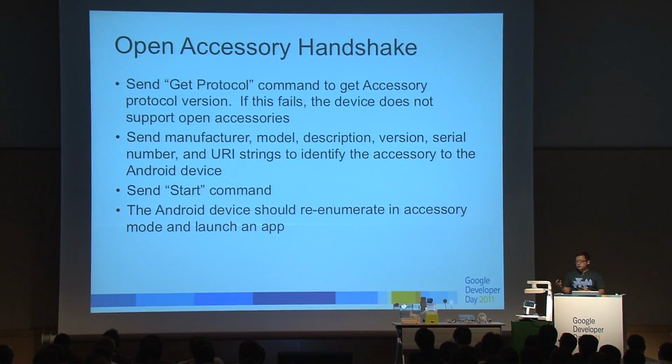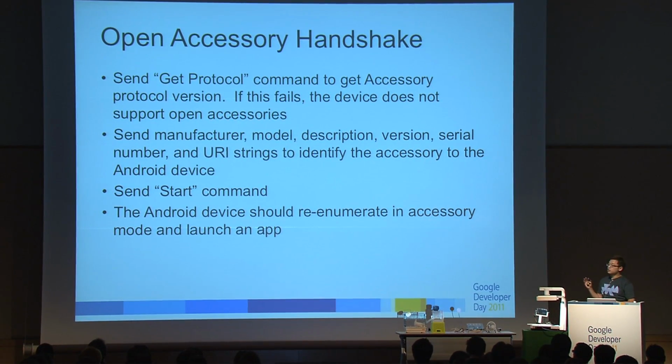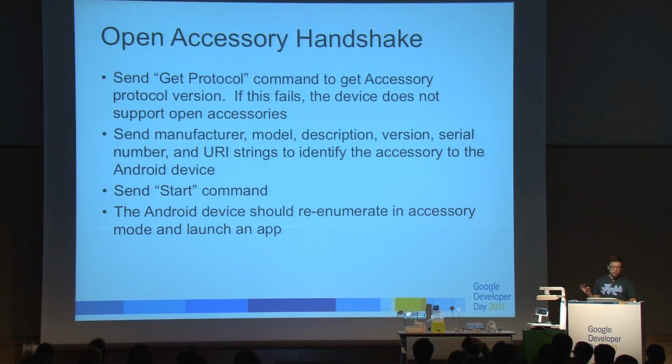After the accessory receives the version 1 protocol, it will start to send all this manufacturer and model information to the device. And if the Android device is not already in accessory mode, the accessory will try to send a start command to ask the Android device to enumerate into accessory mode.